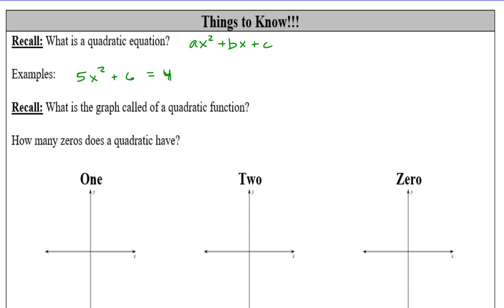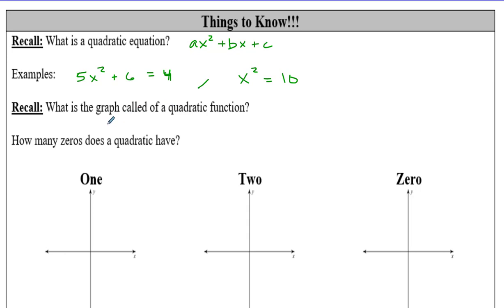And we might see something like, I don't know, x squared equals 10. Alright? So you might have all the terms. You might not. And you might need to reorder them.